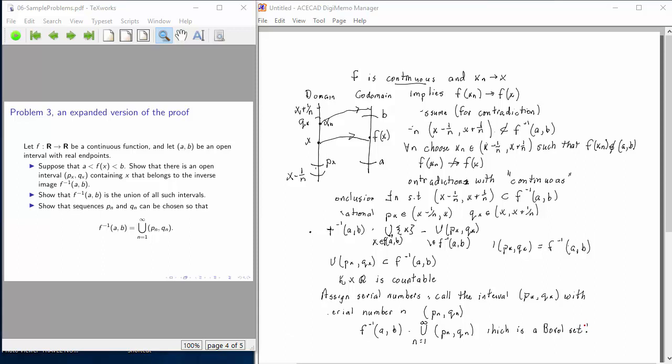In other words, the Borel sigma field is large enough to include the inverse image of any open interval in the codomain under any continuous function. I remind you, this only works because f is continuous. Well, that's some rather fussy real analysis, but it's proof that's well worth knowing.